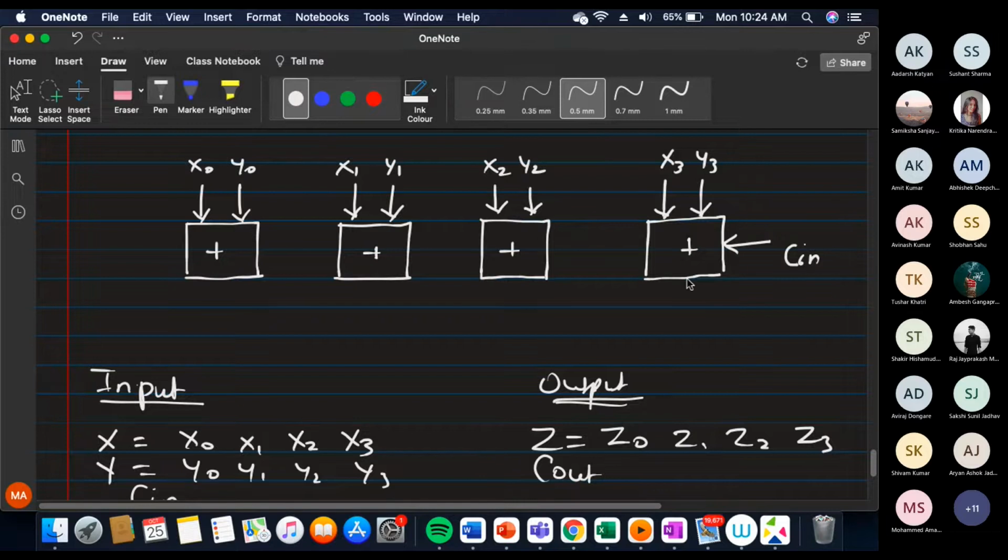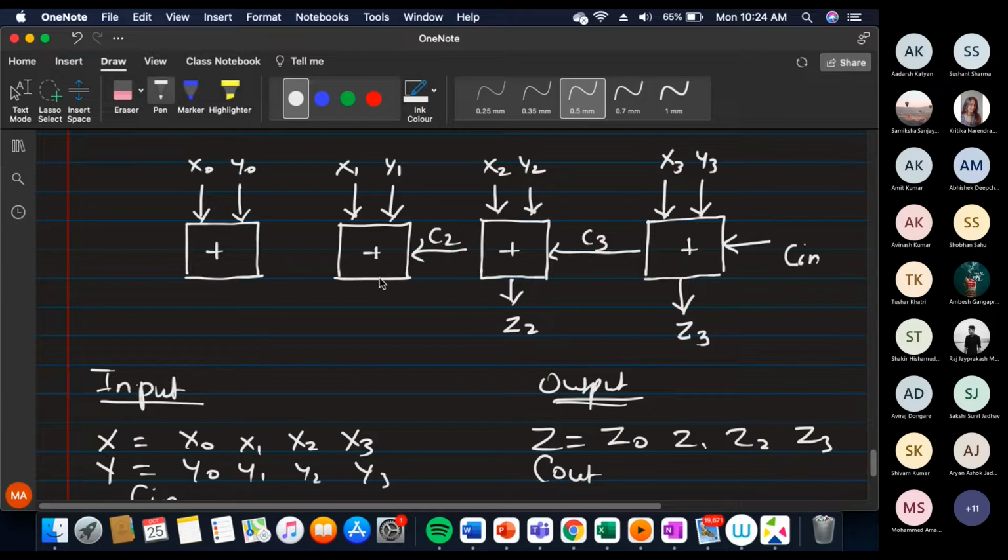x3 plus y3 plus Cin will generate a sum which is equal to z3, along with a carry which is called C3. x2 plus y2 along with C3 will generate a result which is called Z2 along with a carry called C2.